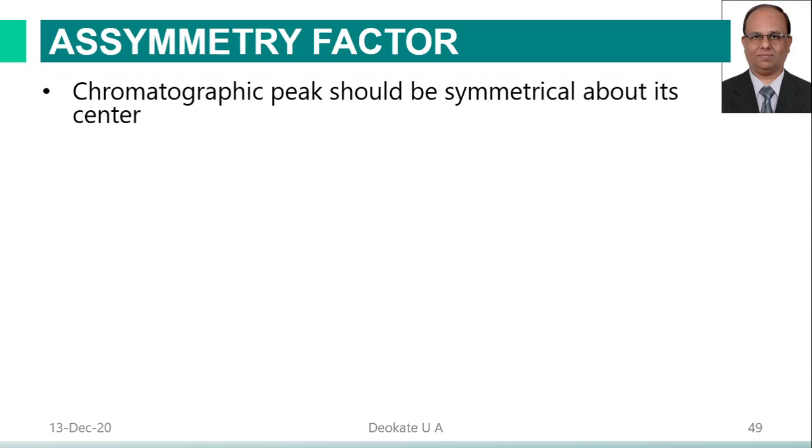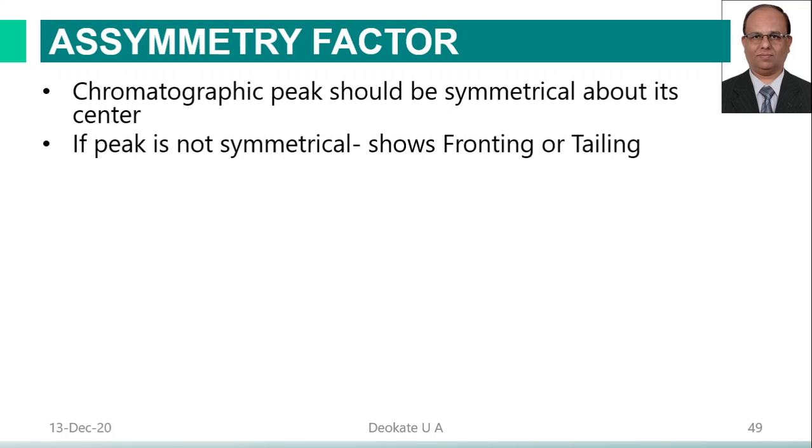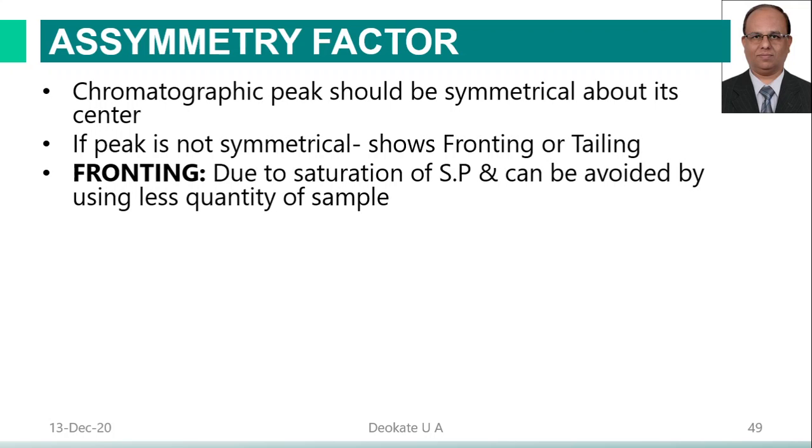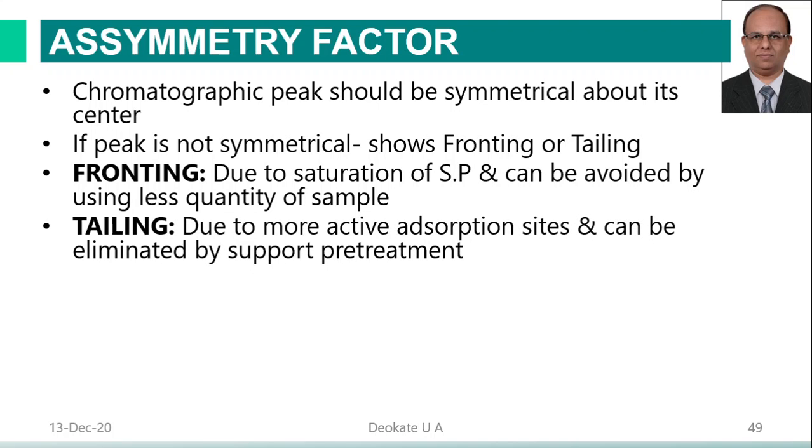Symmetry factor means the shape of the peak. A chromatographic peak should be symmetrical about its center. If the peak is not symmetrical, it shows fronting or tailing. So what is fronting? Fronting is due to saturation of the stationary phase and can be avoided by using dilute samples, a lesser quantity of sample.